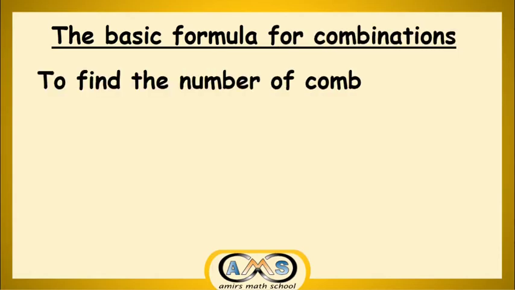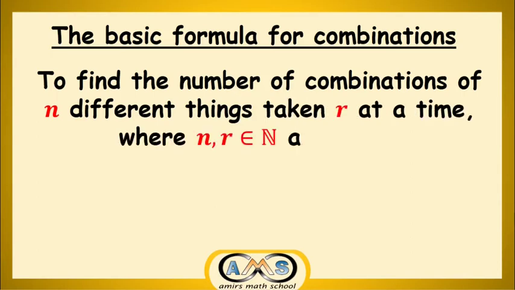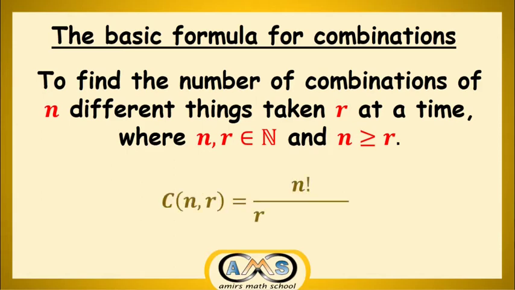To find the number of combinations of n different things taken r at a time, where n and r belong to natural numbers and n is always greater than or equal to r, C(n, r) is equal to n factorial divided by r factorial multiplied by n minus r factorial. These two are the conditions: n and r always belong to natural numbers and n is always greater than or equal to r. This is the basic formula of combination which we derived from the formula of permutation.